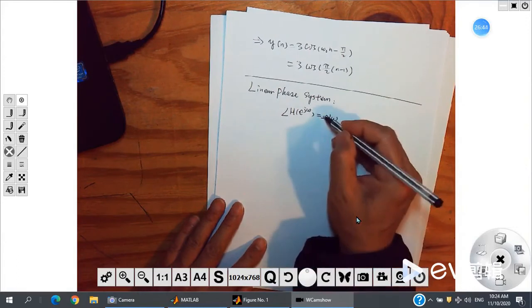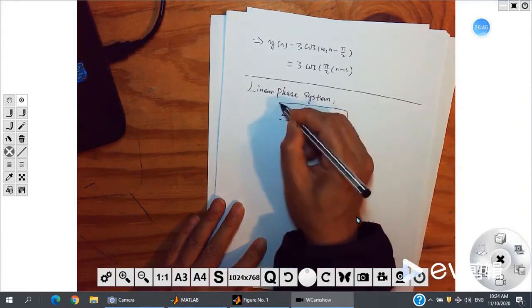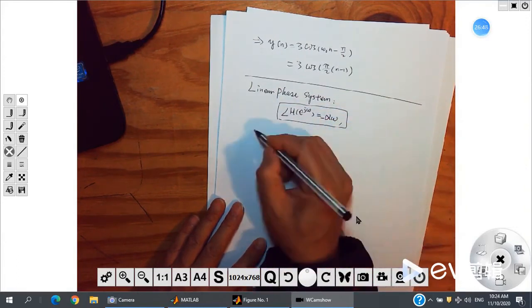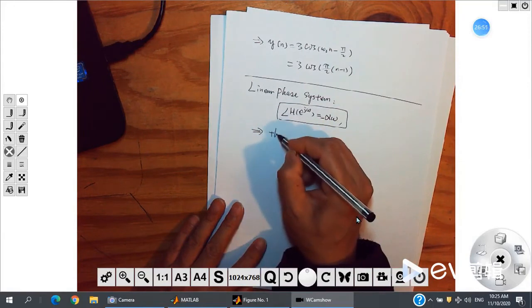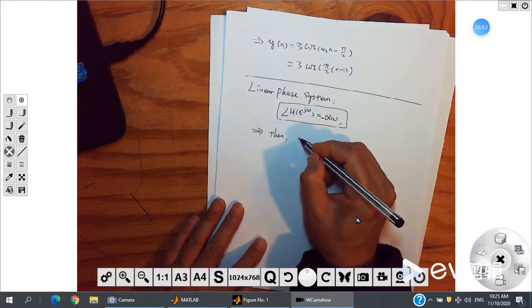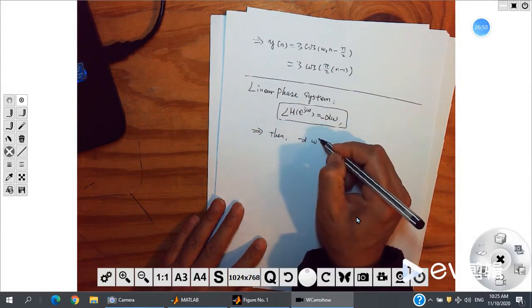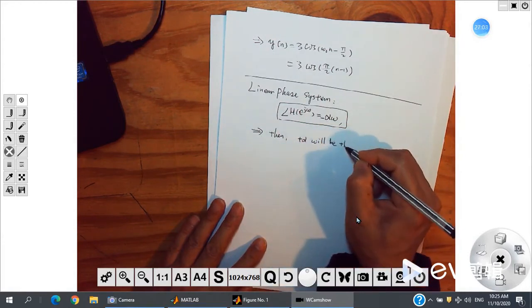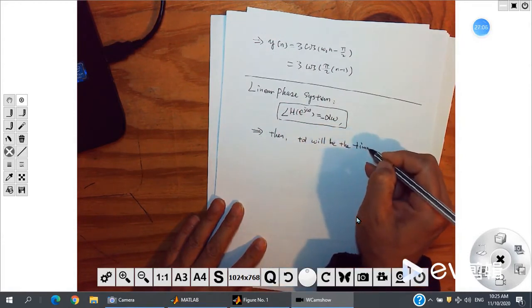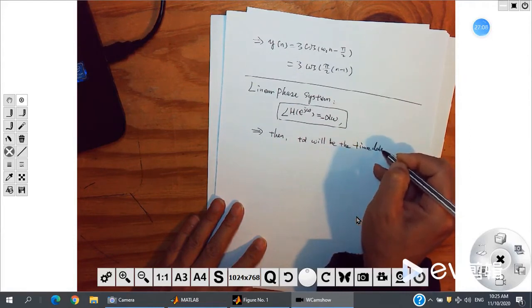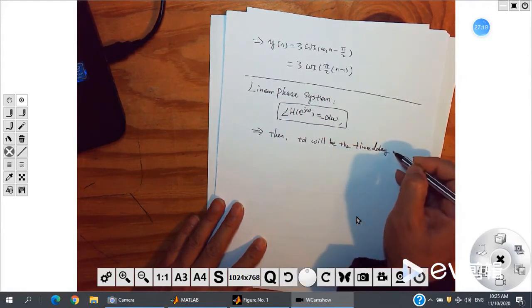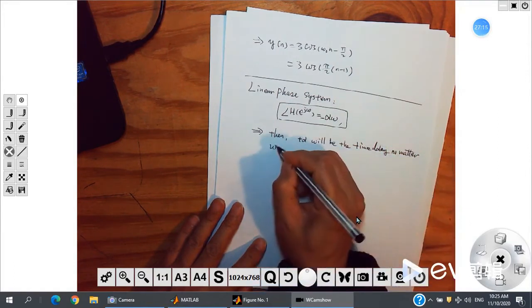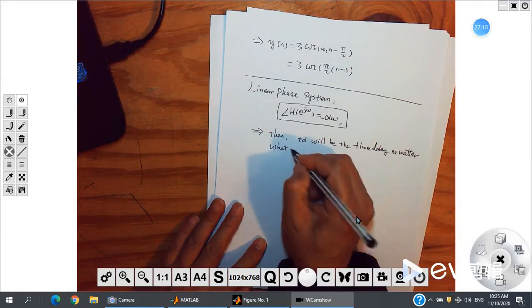The angle is negative alpha times omega. Then this alpha, a positive alpha, will be the time delay, no matter what omega 0 is.